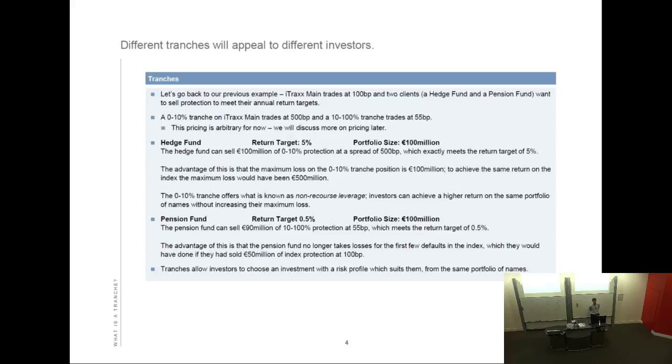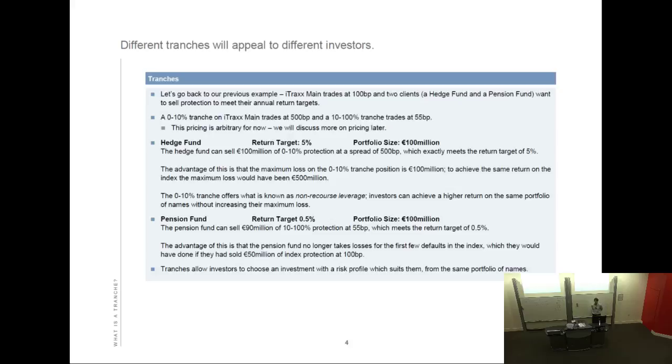Okay? And what about the pension fund? The pension fund might be quite happy with this 10 to 100% tranche because there he can invest a little bit less, like 90% of his notional, in this 10 to 100% tranche to meet his 0.5% return target. And now he doesn't even have any exposure to losses, at least not the first 10% of losses.